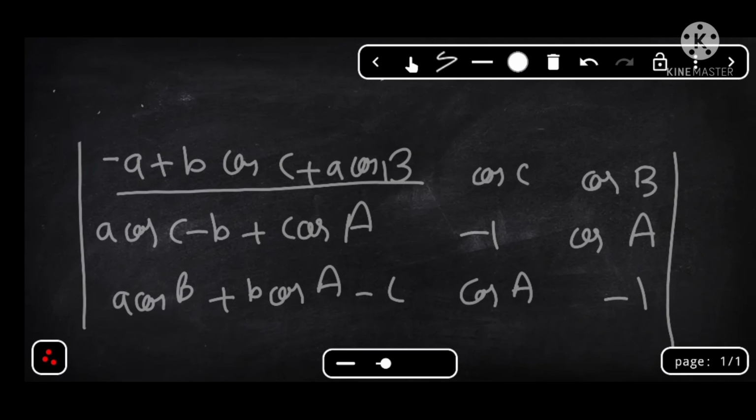So according to the projection rule in a triangle, B cos C plus A cos B is equal to A.